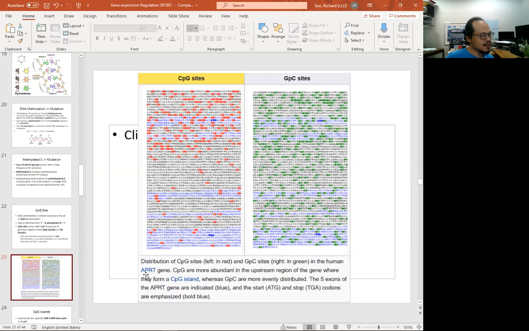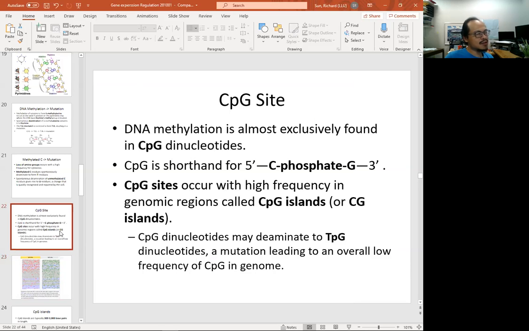This code is APRT. Don't need to worry about what it is, but you can see that this is a long DNA, and you can see that CG are not. If we look at the GC, P is a phosphate, so it's a connection. 5' is the initial of the DNA. 3' is the end of DNA.